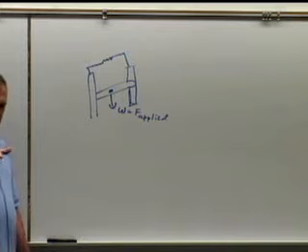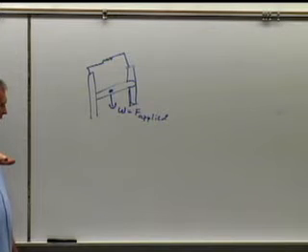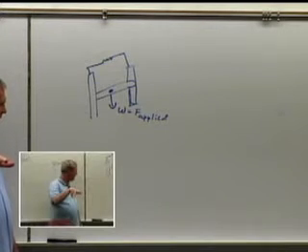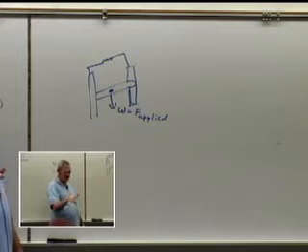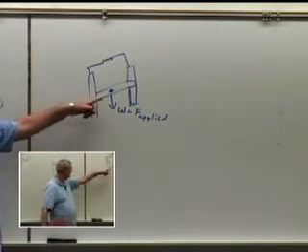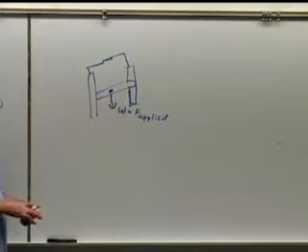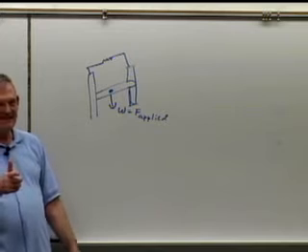Magnetic field's coming out, and the actual force is going down. So what's that going to do? That's going to create an EMF. In other words, the thing has a velocity.